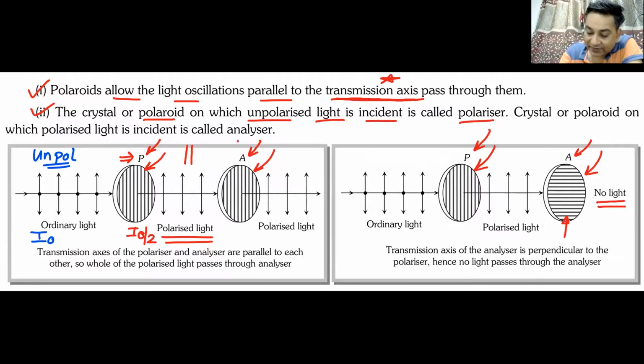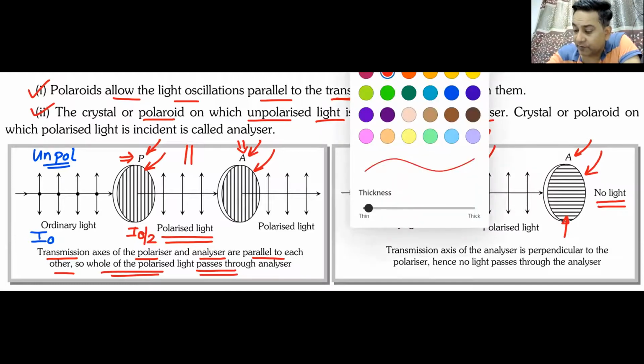Now we have an analyzer as well. This analyzer has its transmission axis parallel to that of the polarizer. So the entire polarized light will pass through, nothing will get absorbed.